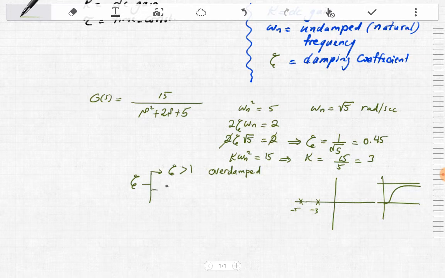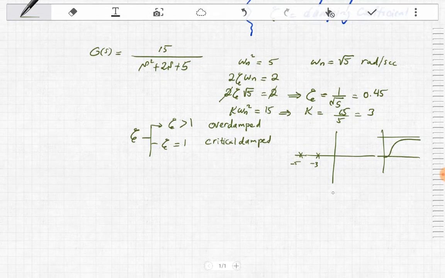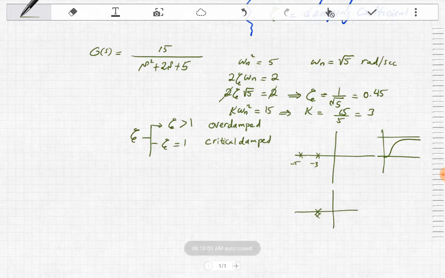And if you have eta equal to 1, we call it critically damped. It means 2 equal real roots on top of each other, like minus 3 and minus 3. The response will be similar to the overdamped, but it will be a little bit sluggish.